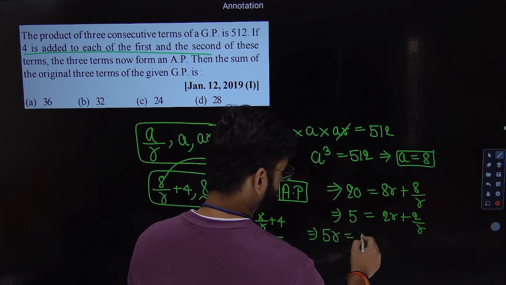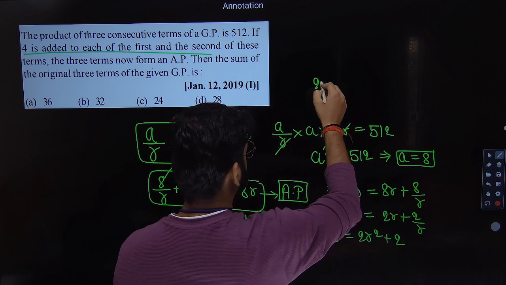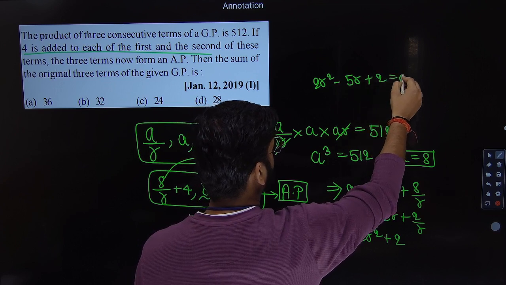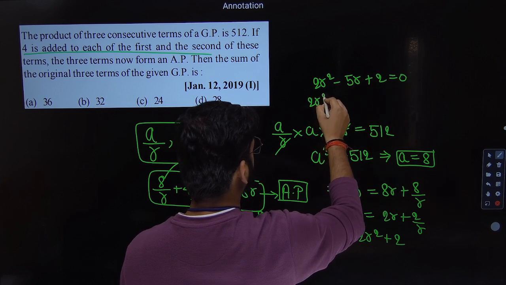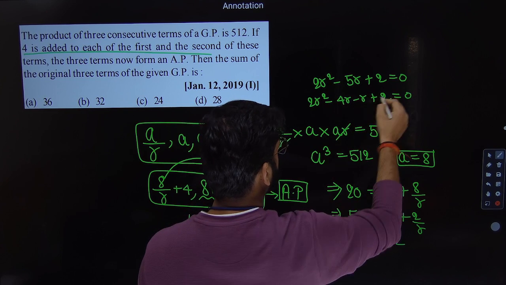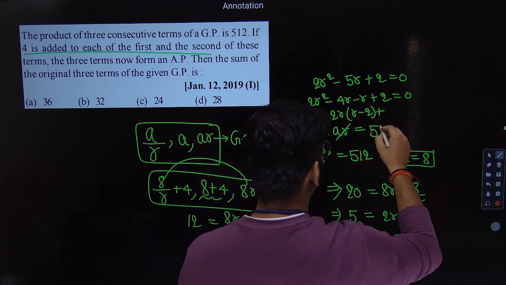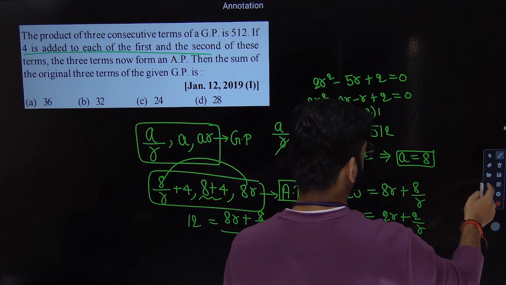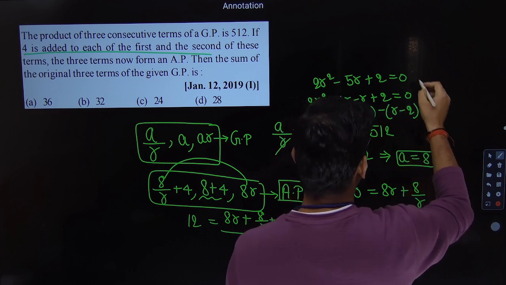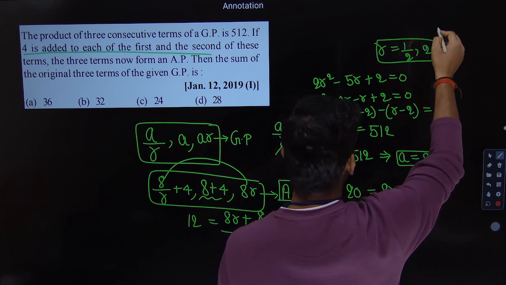So 5R equal to 2R square plus 2. I'm getting 1 by 2 and 2. Anyone got the same value? 1 by 2 and 2.